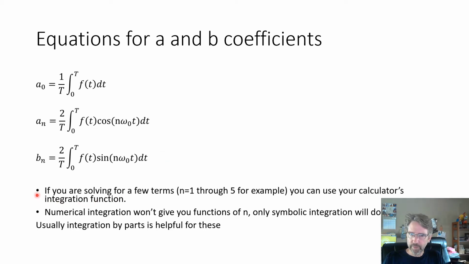If you're solving for a few terms, like if the homework problem says find the first 3 terms of the Fourier series, you might just use your calculator's numerical integration function. But in general, we want to leave n so we can find an, and so we have to do them analytically or with symbolic integration.